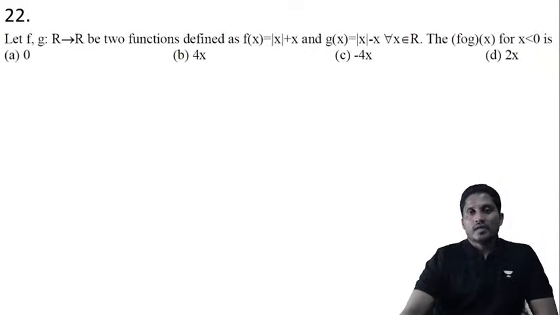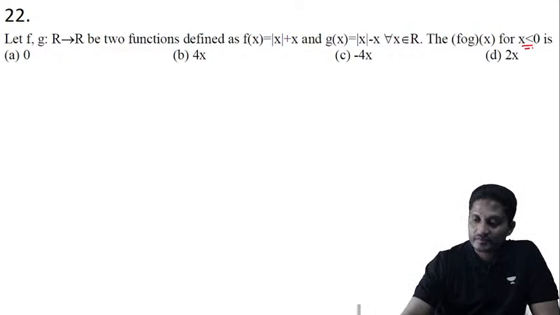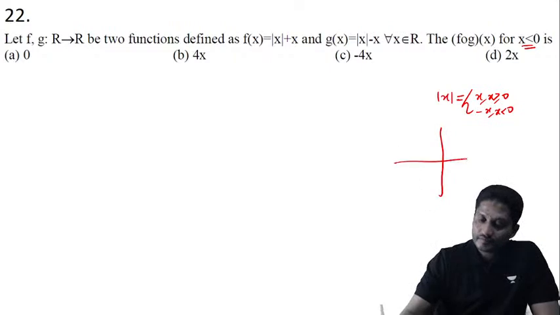Alright, question number 22. Mod x is x when x is positive, minus x if x is negative. It's a V-shaped graph, and you get a sharp edge at 0. This is y is equal to x. This is y is equal to minus x.